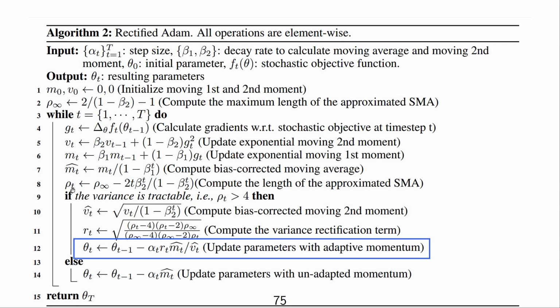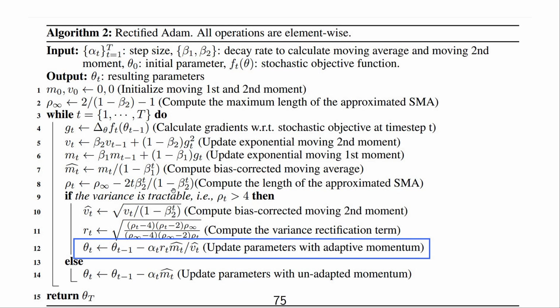One thing to note is that this variable really depends on only the parameter beta 2, and this one also here is only beta 2. Therefore, this whole thing only depends on beta 2 and the time step t.